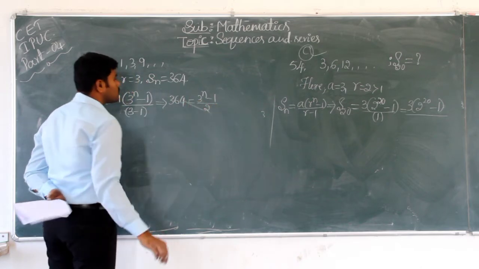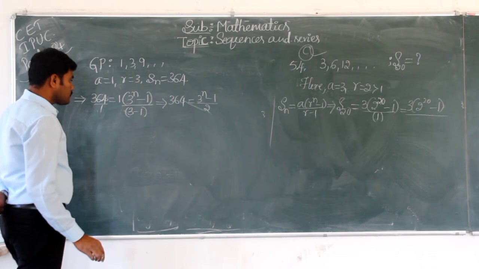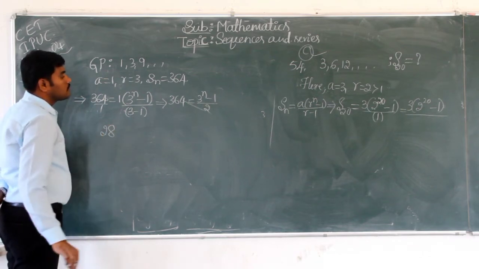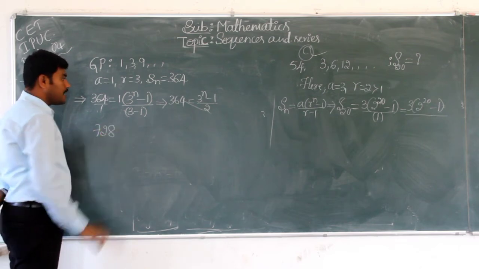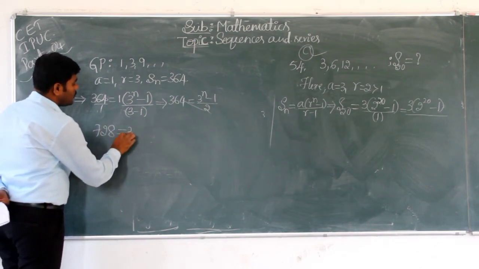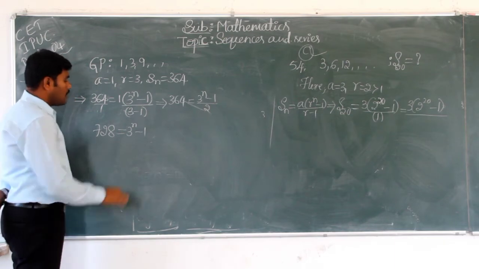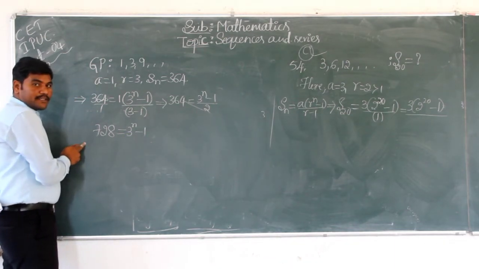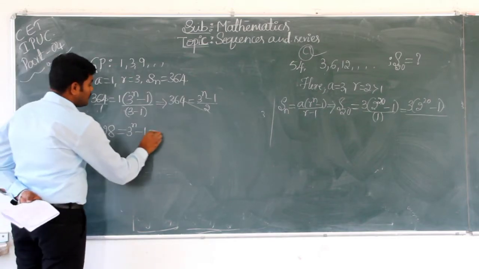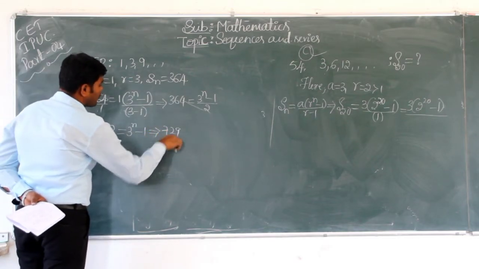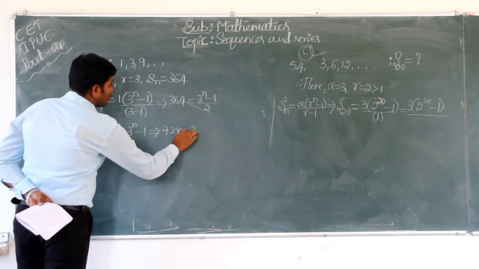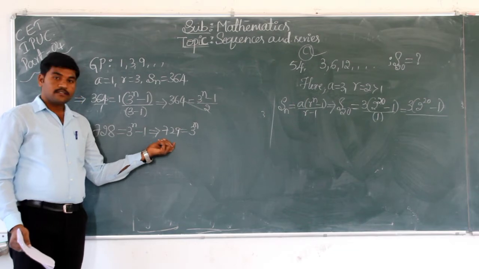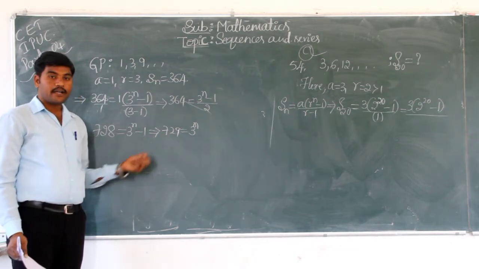Cross multiplying, you will get 728. It is equal to 3 to the power of n minus 1. And shift this minus 1 to the left side, it becomes plus 1. Correct? 728 plus 1, 729 is equal to, again, what power of 3 should I use so that I can get 729?